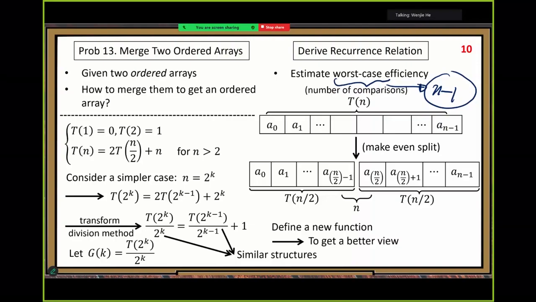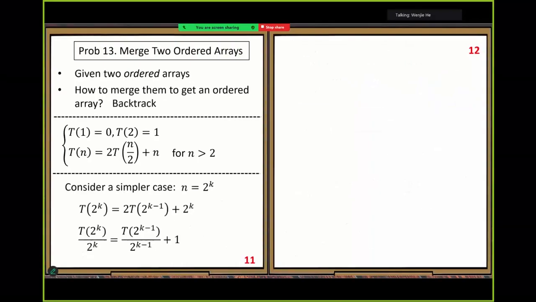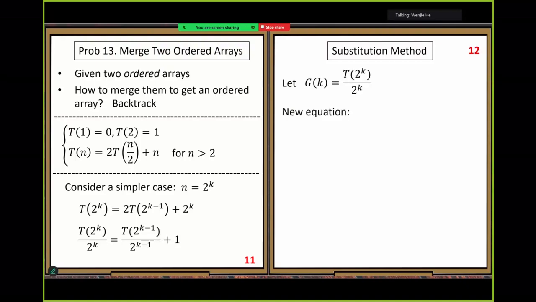With this g function, we can simplify our original formula by substitution. With the g function, our equation becomes g of k equals g of k minus 1 plus 1. The equation is much simpler, right?